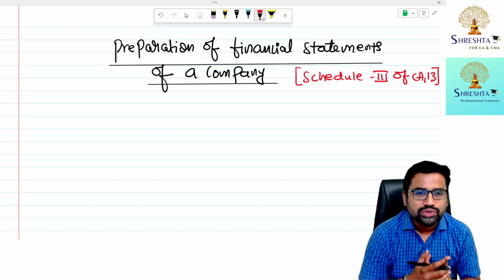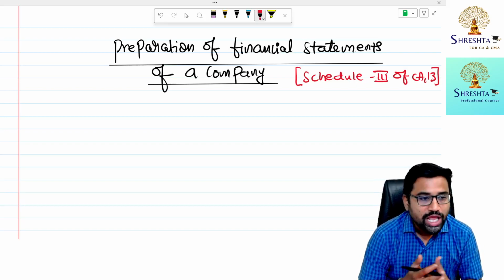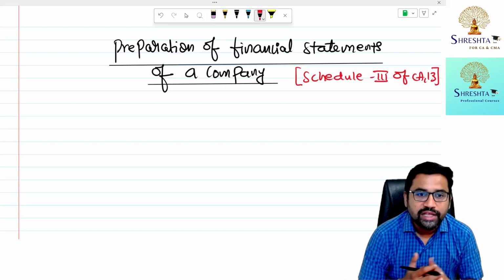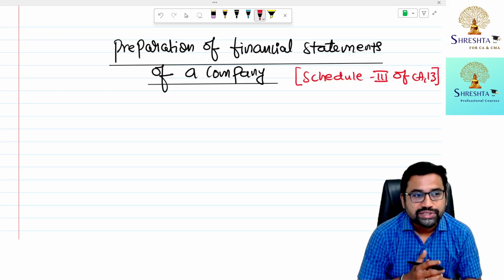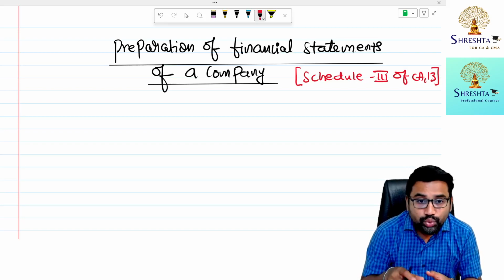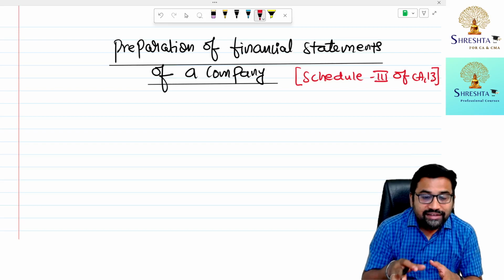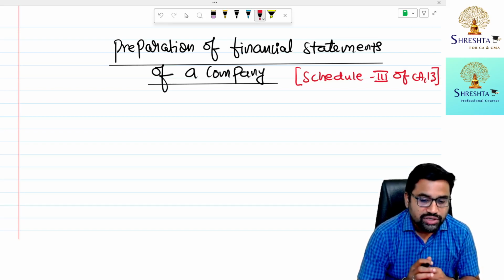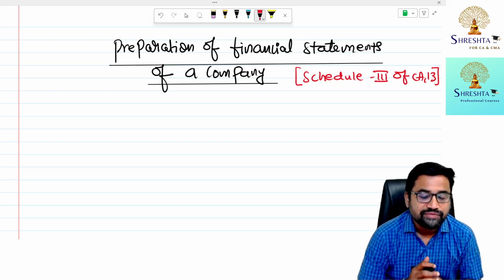Definitely, no company wants to prepare financial statements more elaborately. They don't want to disclose all the information. They feel this may not be necessary for users of financial statements. So that's why through Schedule 3 the Act makes it mandatory for every organization. What you are feeling is not correct, what you are feeling is not necessary for us.